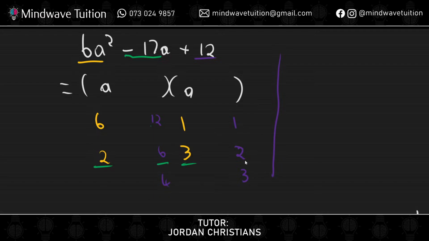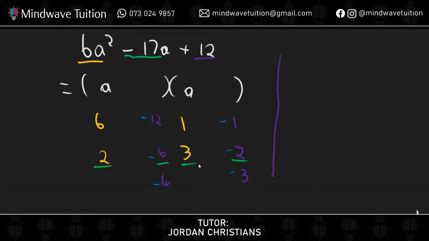So let's do 6 and 2. So now 6 times 3 will be 18, and 2 times 2 will give me 4. Remember, this is negative 17, and this is positive 12 here, which means then that both have to be negative for 12.